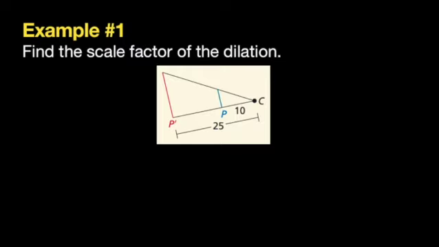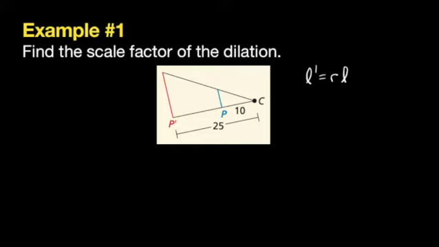To be able to find the scale factor, we are going to be using a formula. The formula that we're going to be using is L prime is equal to the ratio, or your scale factor, times your original length. In this case, we have our original length being 10.